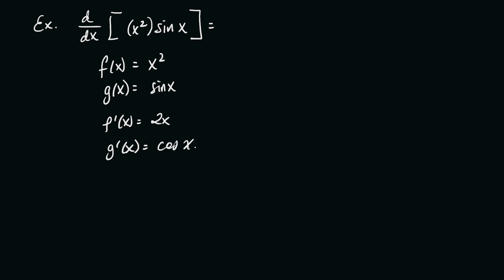Now, if we apply the rule that we had, f prime x times g of x plus g prime x times f of x. Now, remember, using the commutative property, you can switch around the terms here. So now, just for uniformity, I'm just going to write it the other way around: f of x times g prime of x.